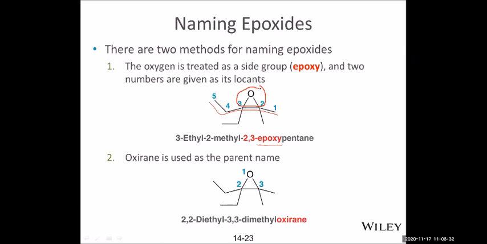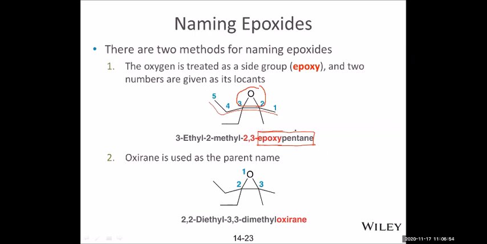So the naming, you can see the naming. Epoxypentane together is the parent. We just need to show the location for the epoxy group, and of course show those substituents first.